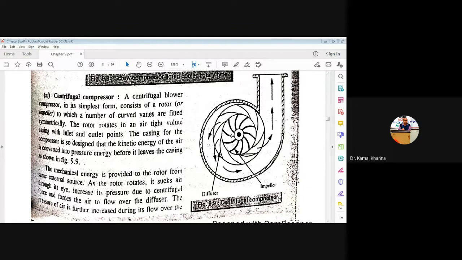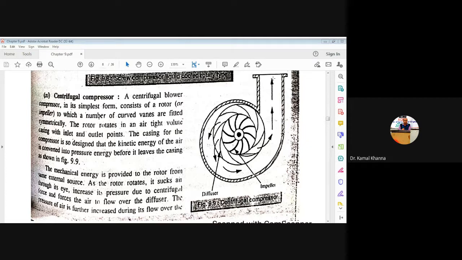But as soon as it is sucked into the impeller or rotor, it will start rotating in the same direction as the rotor. And whenever it is rotating in the same direction as the rotor, there is generation of kinetic energy in it because the air is in motion now. But due to the centrifugal force, that kinetic energy is converted into pressure energy before it leaves for the other components of the pneumatic system.